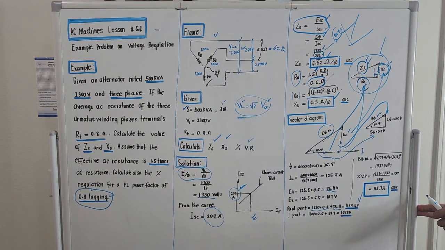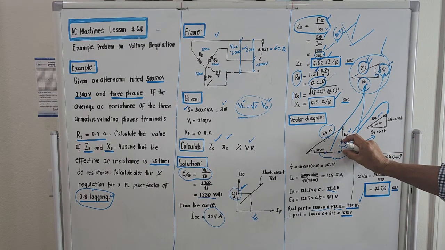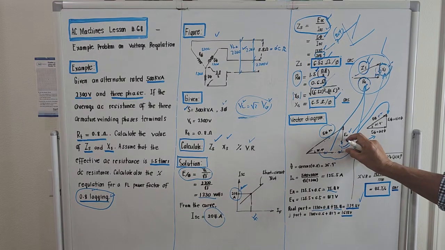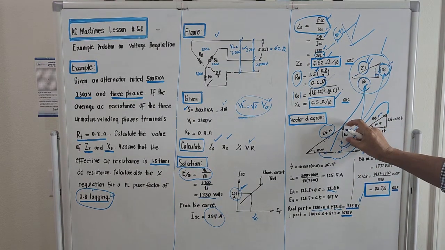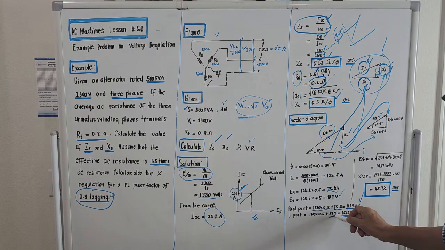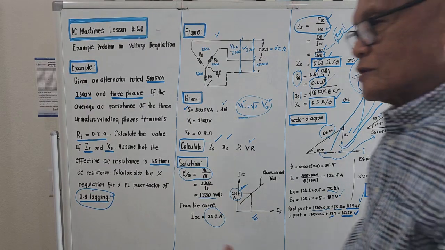And the imaginary part, the vertical part, will be this part here. This is actually voltage per phase times sine of theta. This is 1330 times 0.6, plus this EX here, which is actually 817. So 1330 times 0.6 plus 817 is 1615 volts. Considering the real part and imaginary part, they are big.